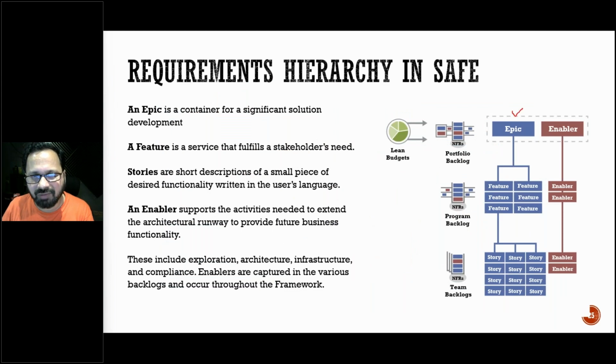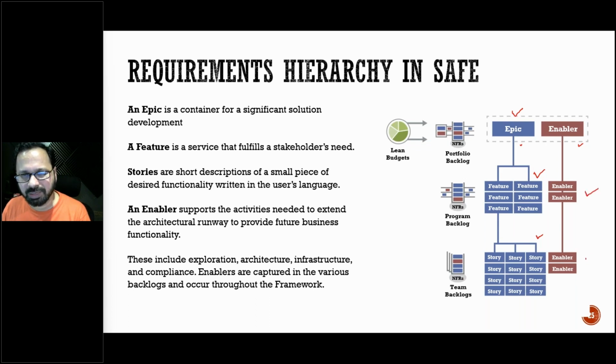We have epics, which can be broken down into features, and the features can be broken down into user stories. Epics can also be enabler epics, which are technical epics. Enabler epics support the architecture or technology strategy for building the next level of solutions or current solutions, in the near term and the long term.